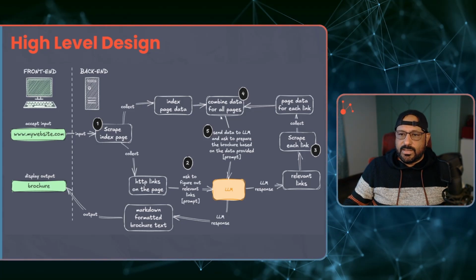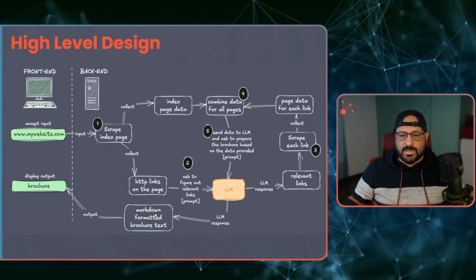Now this whole text is passed to the LLM and we give it a prompt. Basically this prompt says: create a brochure based on this data. This is our target audience, and this is how you should format it, and everything. We'll see what the prompt looks like, but in general that's what it's doing. It goes to the LLM, then the LLM does its thing, creates the brochure and sends the response.